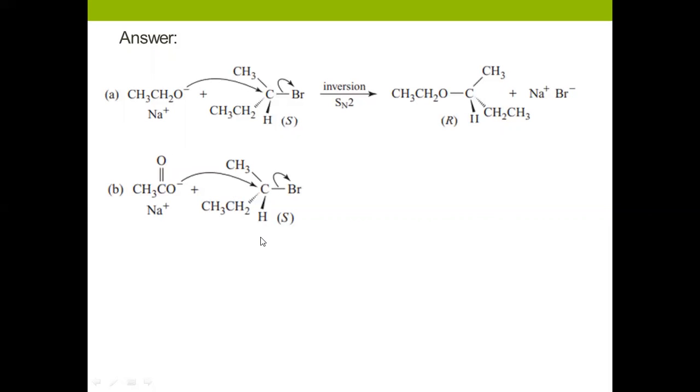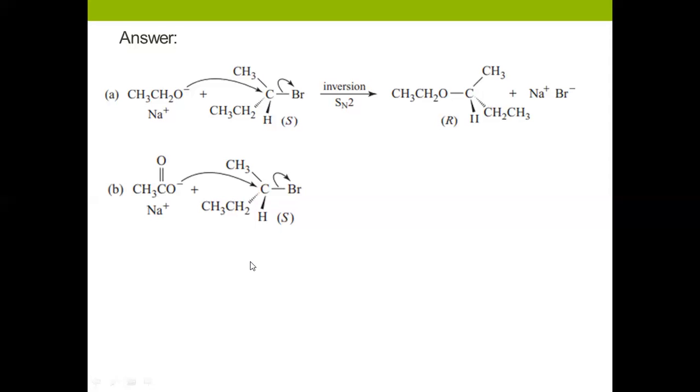I have noticed that there are students who, when asked in the last exam to write the 3D structure, did not do it this way. Like when you are asked to show the configuration S or R, you really have to write it in a way where you have a wedge and a broken line. If you don't write a wedge and a broken line, then even if the carbon is chiral, we have no way of knowing from the structure what the configuration is. So if you want to indicate the configuration, whether it's S or R, you really have to write it this way, with a broken line and a wedge.